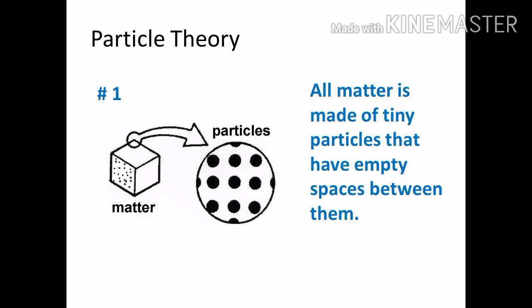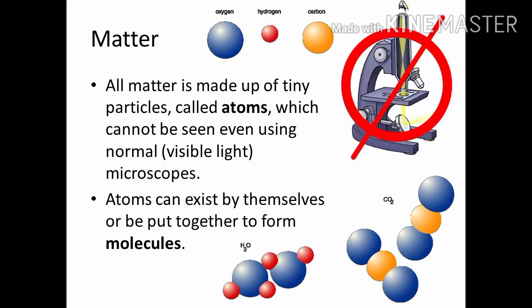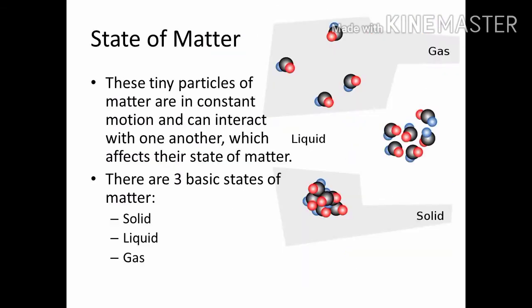All matter is made up of tiny particles, which we call atoms, which cannot be seen even using a normal microscope. They are very small. We can't see them with the naked eye or with an ordinary microscope. They can only be visible under an electron microscope, which has a high capacity.